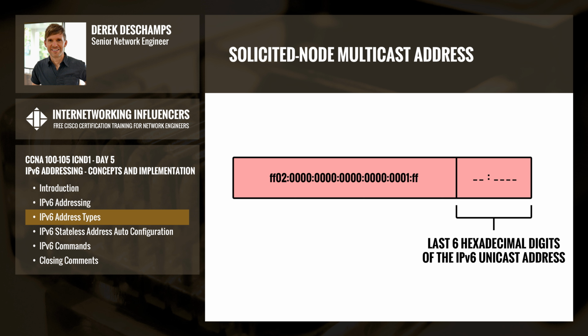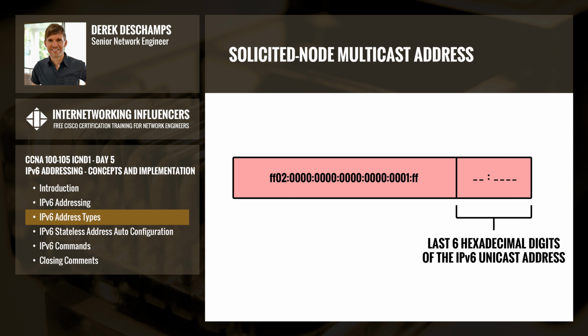A solicited-node multicast address begins with the hexadecimal digits FF02 in the first group, all zeros in the second, third, fourth, and fifth group, followed by 0001 in the sixth group, and the seventh group always begins with FF.